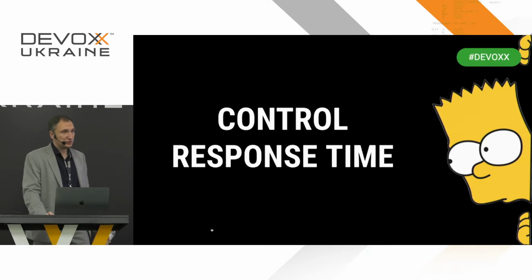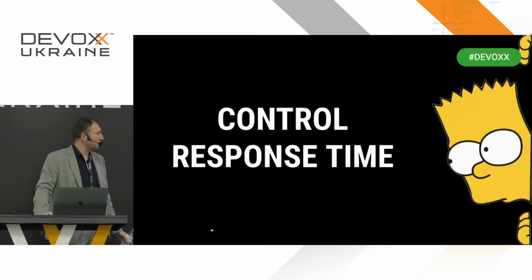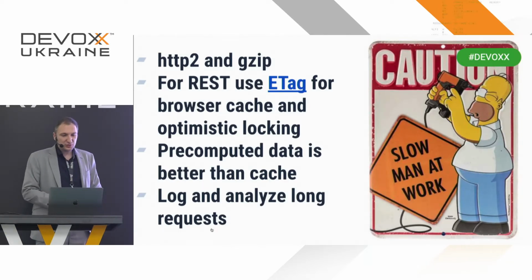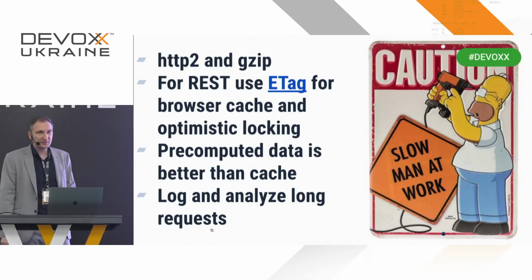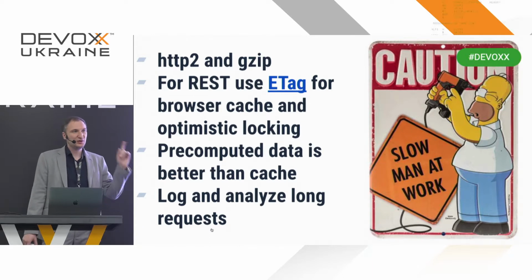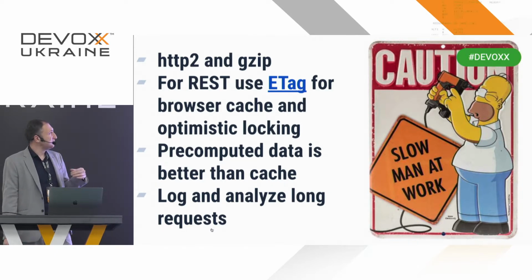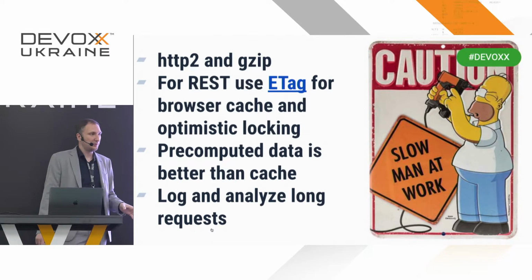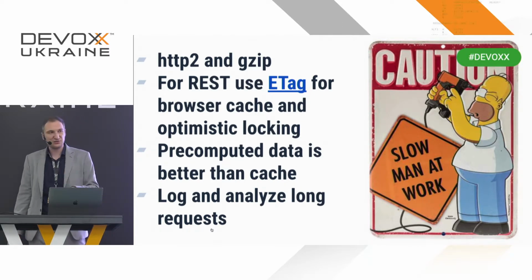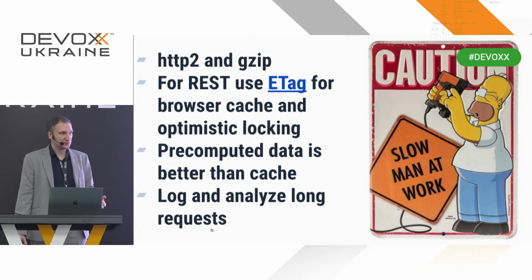Okay, the next thing you should think about is controlling response time. When you check your project, please always use HTTP2 and GZIP. Not one of them, use both. And if you don't have HTTP2 on your project, you are doing something wrong. With HTTP2, we resolve the problem of the connection limit from browser to backend.